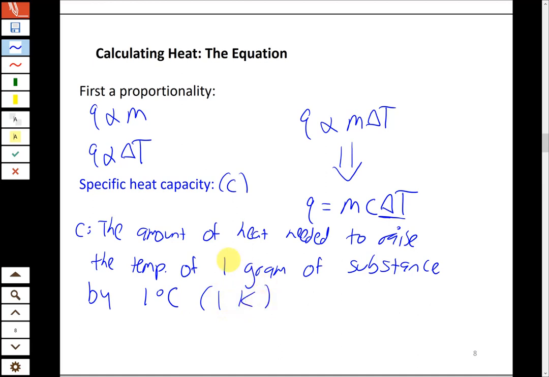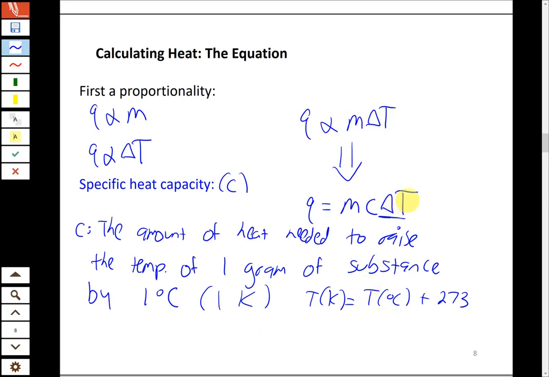The absolute temperatures for Celsius and Kelvin are different. The temperature in Kelvin is equal to the temperature in degrees Celsius plus 273. So the absolute temperature is different, but delta T is the same because the size of 1 degree is the same whether it's Celsius or Kelvin. So don't be confused with that.